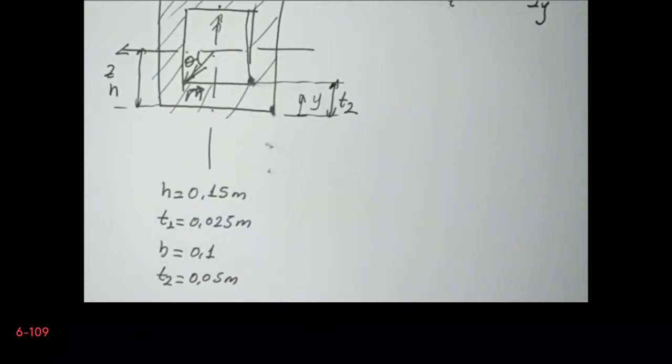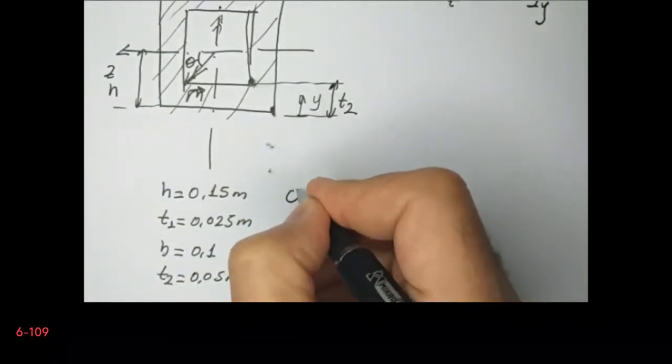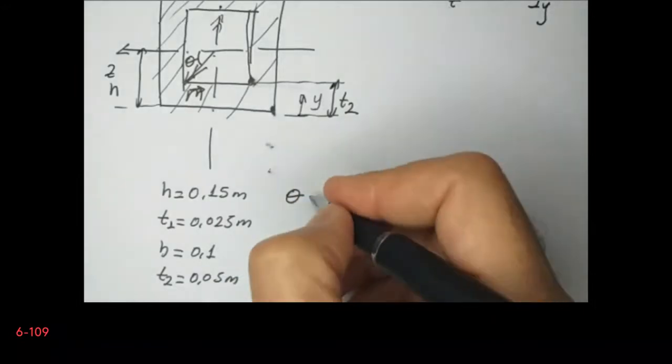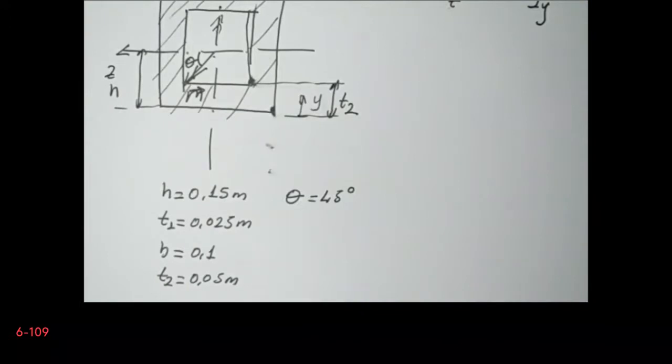Additionally, we have the angle theta, and theta is given as 45 degrees. Now these are the variables. So we defined the variables.